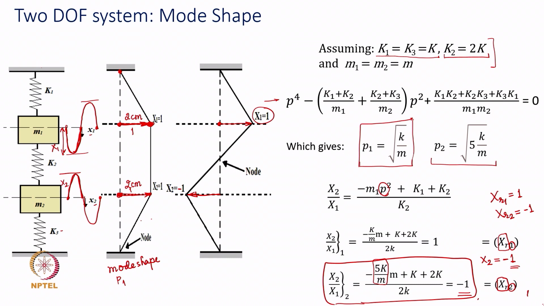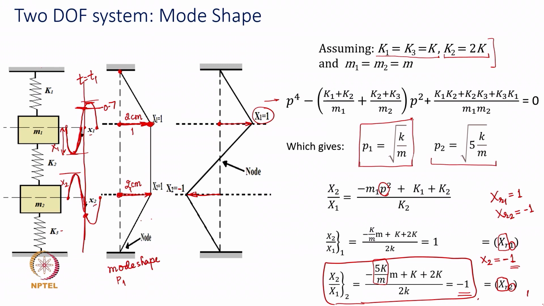Please make a note here that it is not only the peak amplitudes that are identical. If you take any instant of time, let us say t equal to t1, the amplitude of mass m1 is going to be, let us say, 0.7 units.